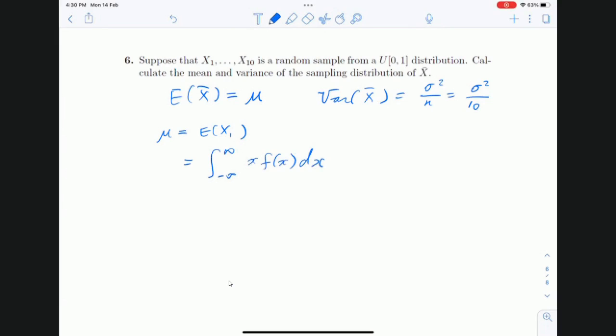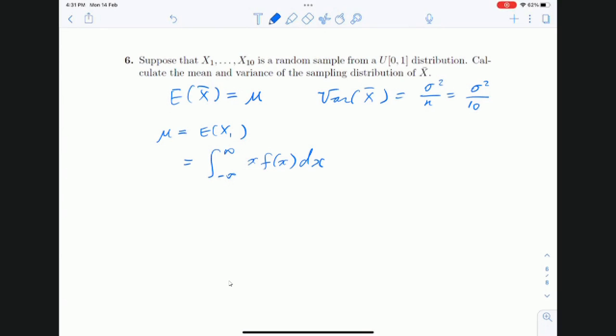This is the general formula for computing the expectation or the population mean based on a probability density function. Because uniform distribution is continuous, we use the probability density function. For a discrete distribution, it would be the probability mass function, and the integral will become a summation. But for a continuous distribution, we use this.